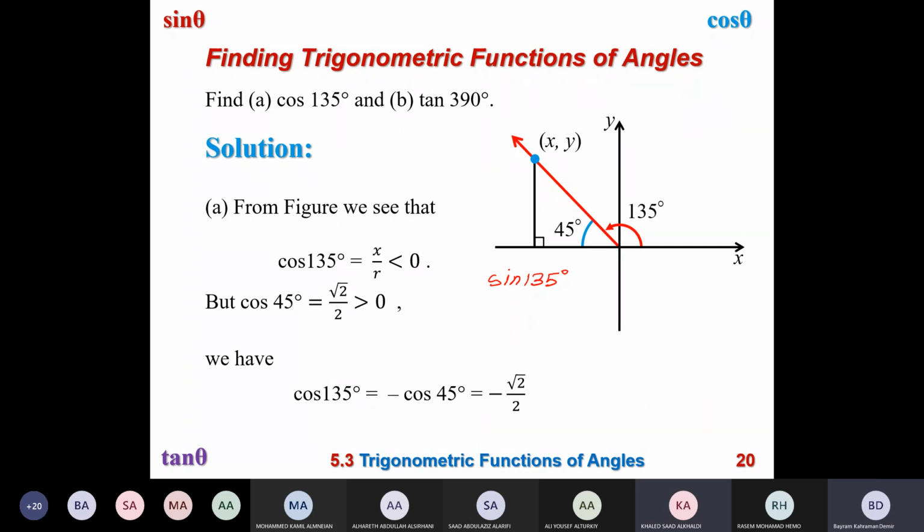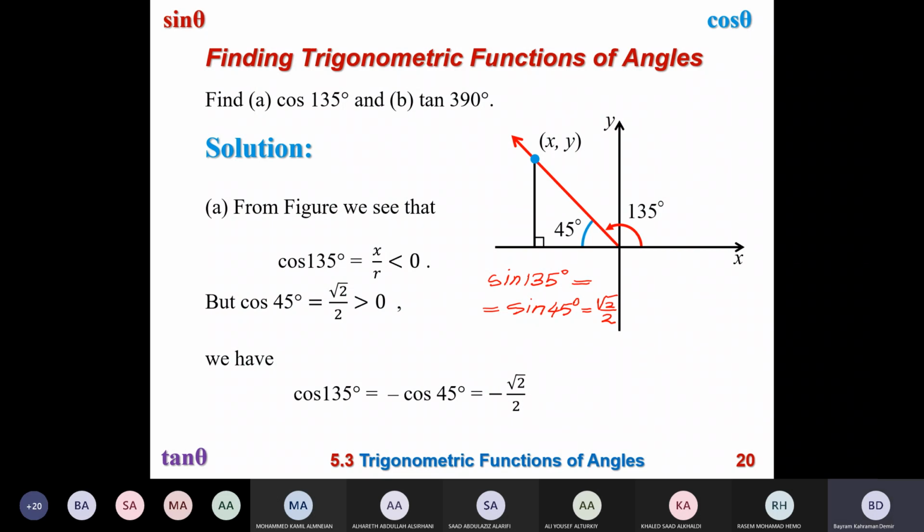Positive. Yes, because the y coordinate is positive. So it is going to be equal directly to sine of 45, which is root 2 over 2. Clear?